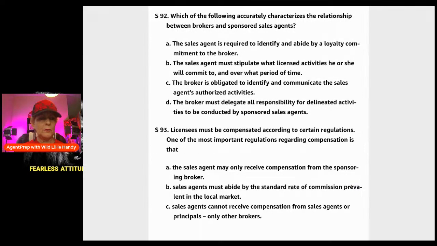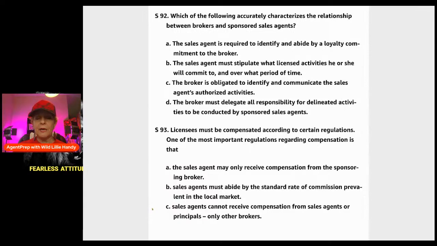All right, number 93. Licensees must be compensated according to certain regulations. One of the most important regulations regarding compensation is that A, the sales agent may only receive compensation from the sponsoring broker. B, sales agents must abide by the standard rate of commission prevalent in the local market.